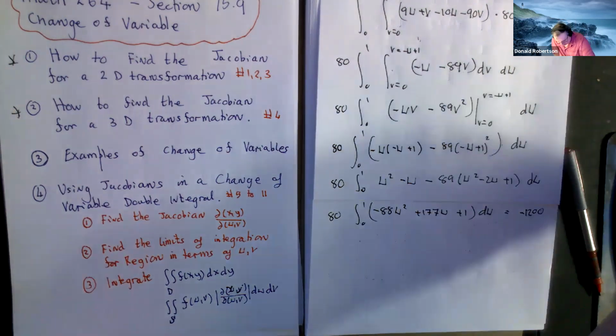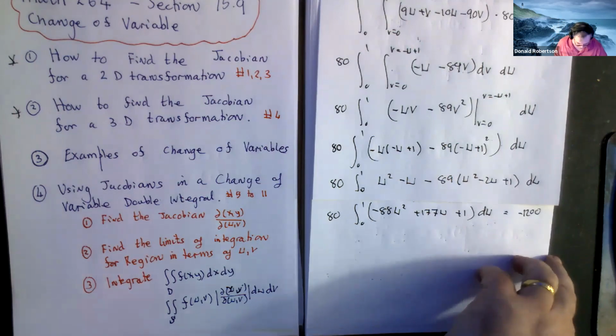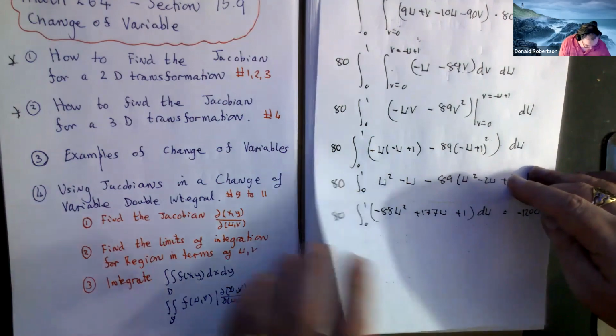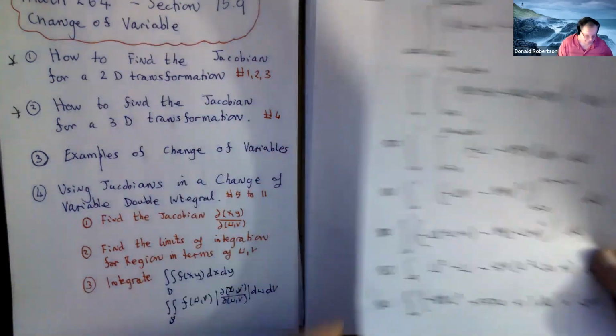That is a classic start to finish change of variable question. And it involved, as you can easily see, an awful lot of working in a lot of places where you could have, and I may have, gone wrong. But the good news is that all of them kind of look like that one.